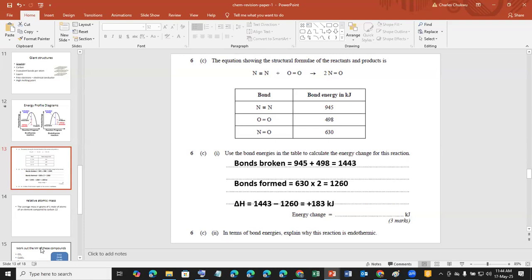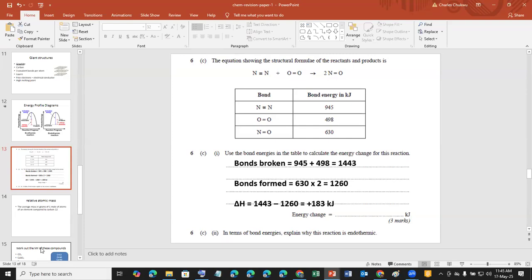It says the equation showing the structural formulae of the reactants and products is this: nitrogen having a covalent bond with 3 electrons, and oxygen having a covalent bond with 2 electrons, will give you NO, nitrogen oxide, which has a covalent bond with 2 electrons in it.